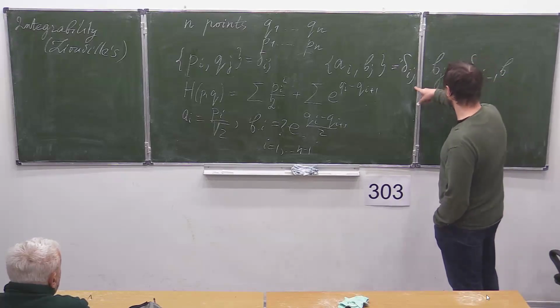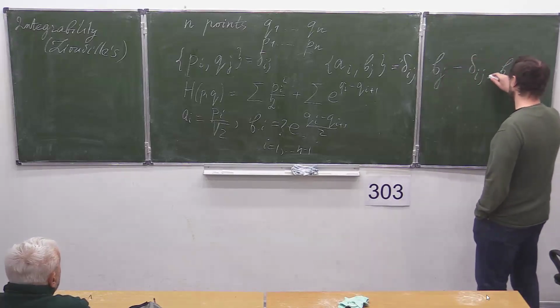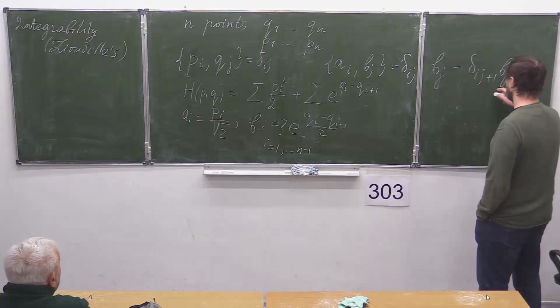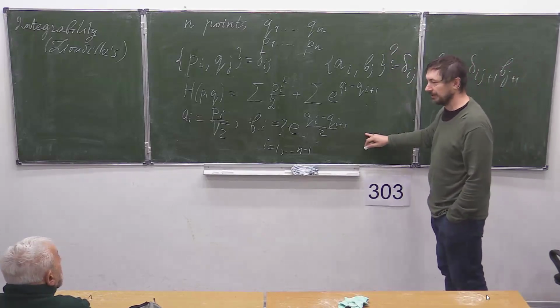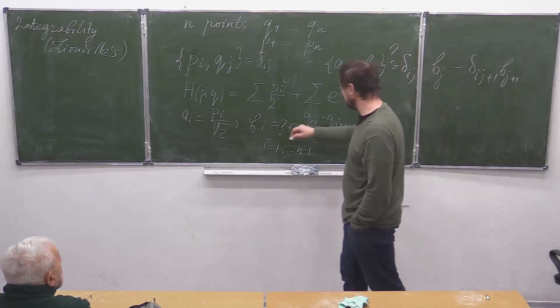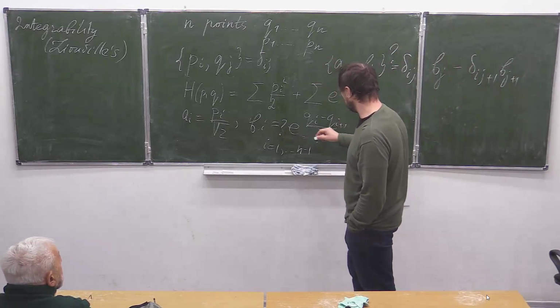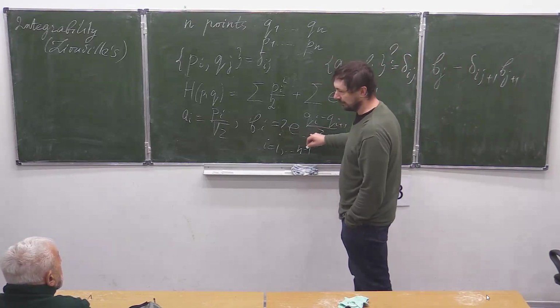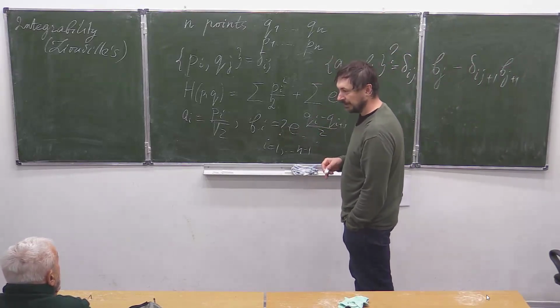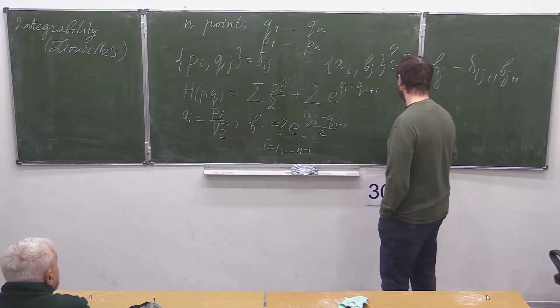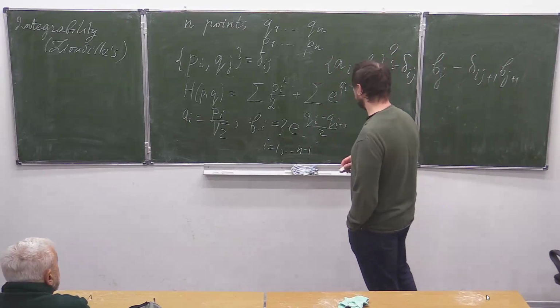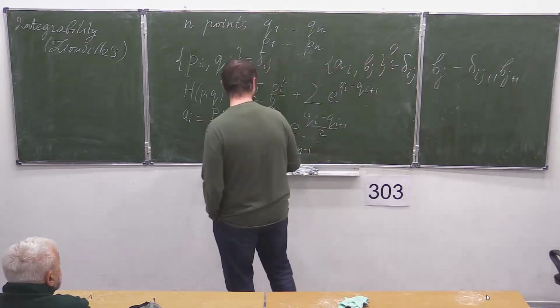I'm sorry for this. It's not very hard to restore from this equation: you just commute and use the fact that the differential of the exponent is equal to itself, so it's an easy exercise, which I don't want to perform. In any case, we have this kind of commutation relation.